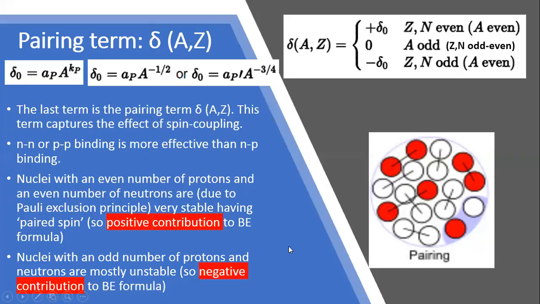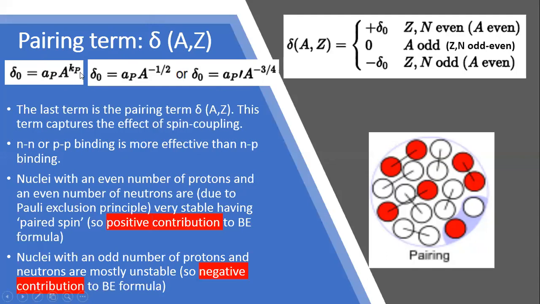And now the last and fifth term is the pairing term. This is how the neutrons and protons are paired within the nucleus, and it is called the pairing term. It is shown by sigma and has the value of a p. Again, this is a constant, and the power is also a constant.